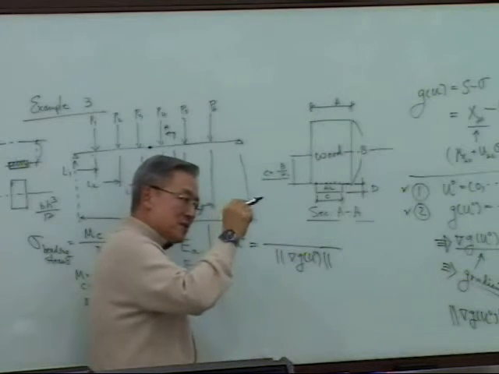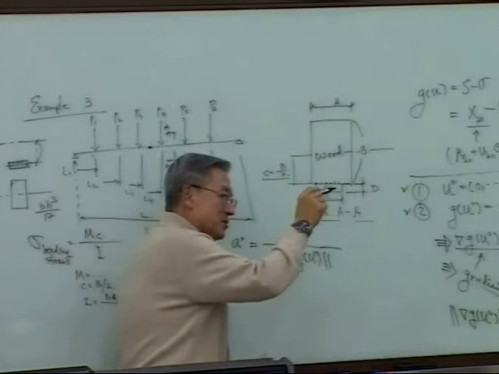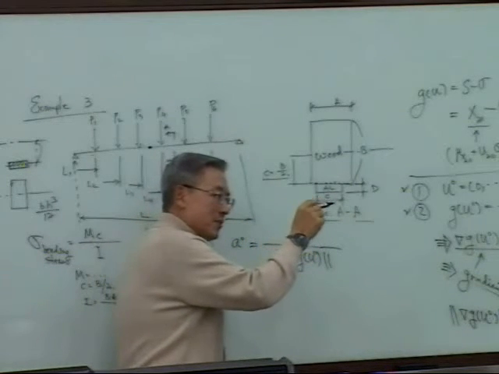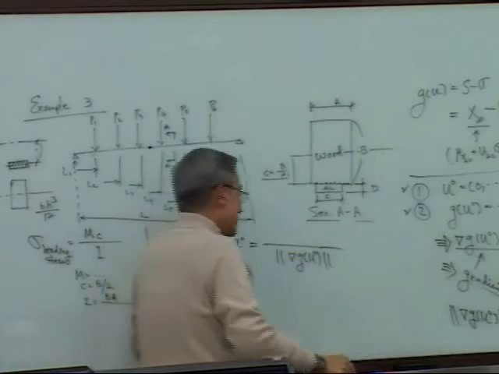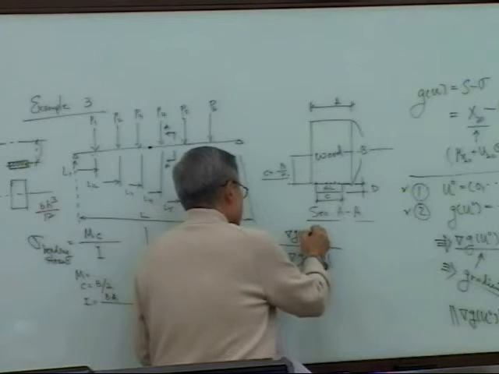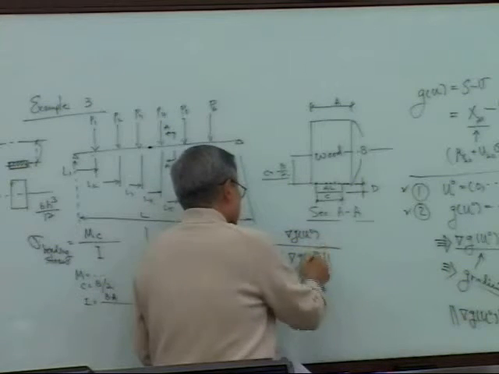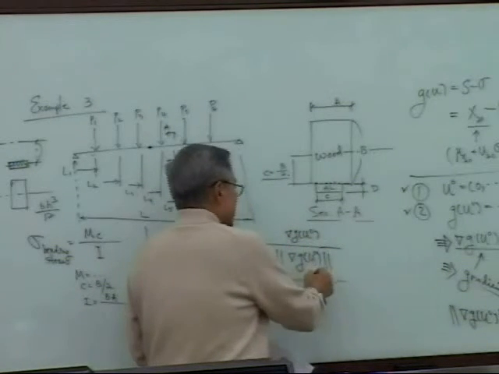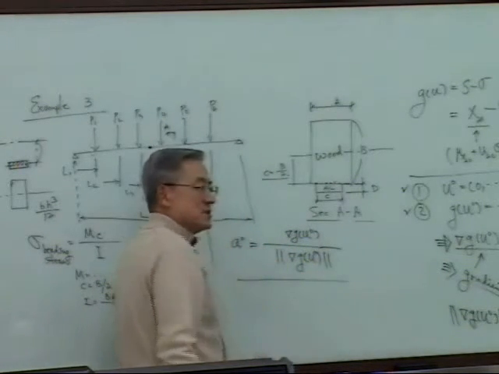Then you are really trying to get the MP point. That's the whole idea. And delta G, U0. So once you get that, this portion is easy.